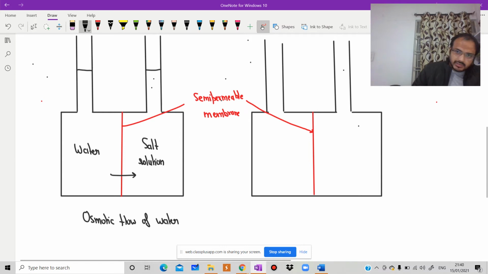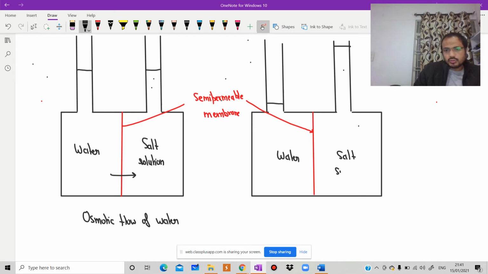Suppose after some time the situation is like that. Here we have water, and here we have salt solution. So here is osmotic equilibrium. Osmotic equilibrium means no net flow of water.